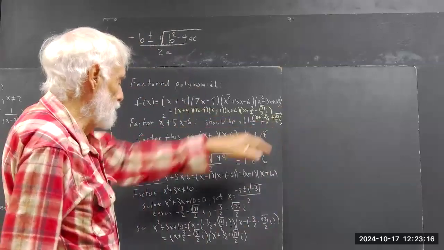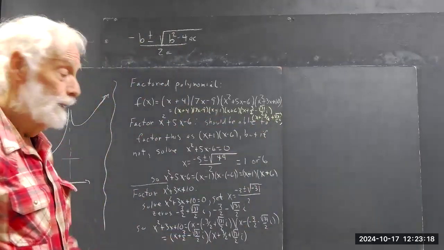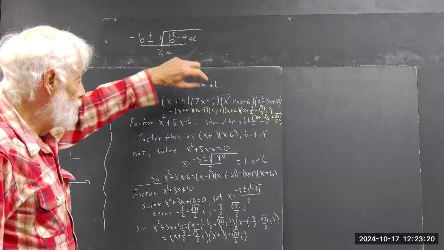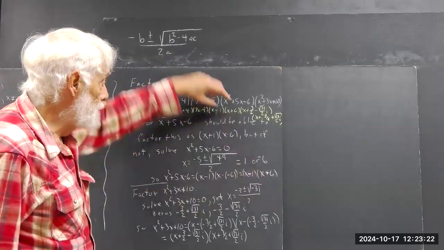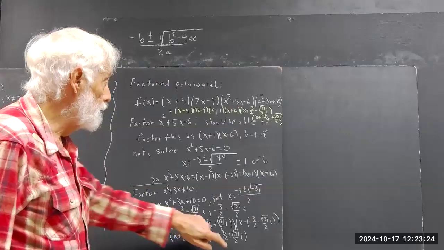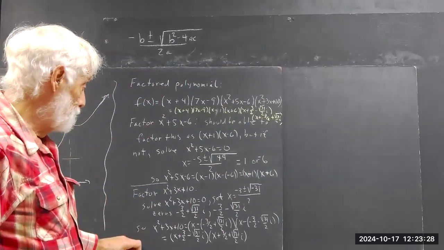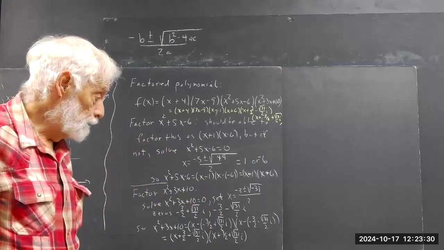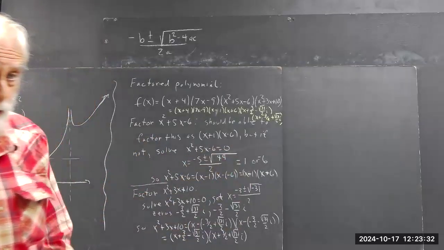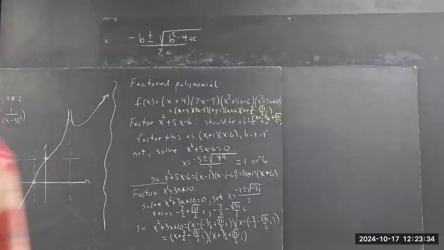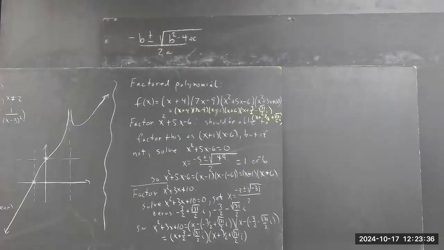You can't read that last one, but it's the same as this one. There are your factors. This and this come from this. This and this come from this. Now that's a completely factored polynomial. You see what your zeros are. They're complex. Two of them are complex in this case.